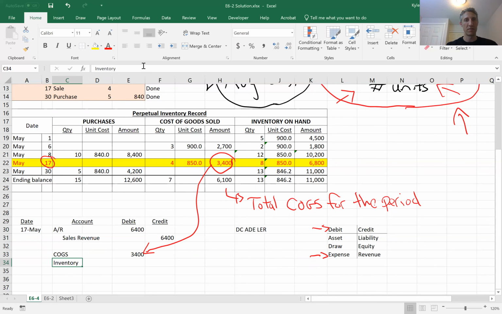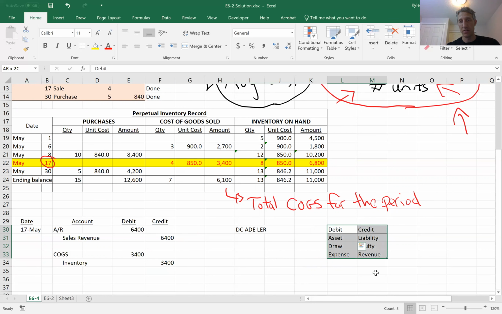I'm going to credit inventory by $3,400. I'm crediting inventory because it has a normal debit balance, so to increase inventory, I would debit it. But right now, we physically removed items from our storage room. I'm not increasing inventory, I want to decrease it. So I do the opposite of what's shown here and credit the asset account by $3,400.